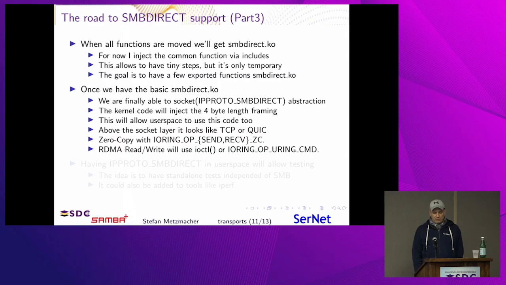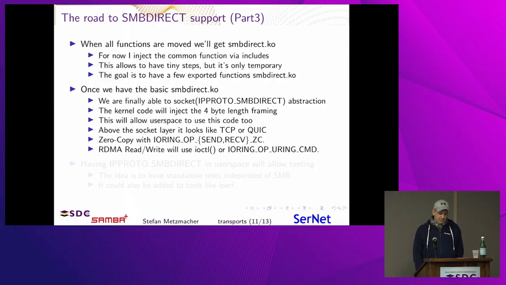Yeah, in order to make it easier for user space to use, and even for the client, for the kernel stuff, I will just add this 4-byte length framing we have for all other transports. So it basically makes it easier to consume outside or above the socket layer. And from there it just looks like TCP and quic.